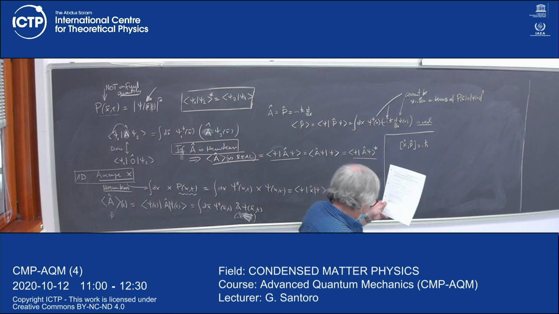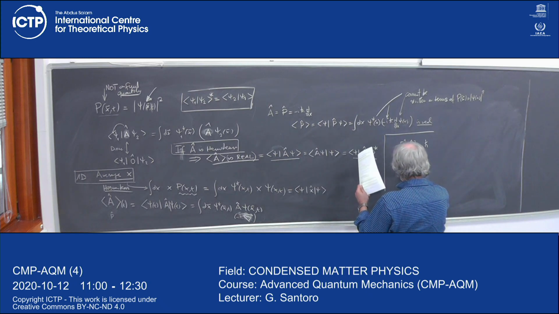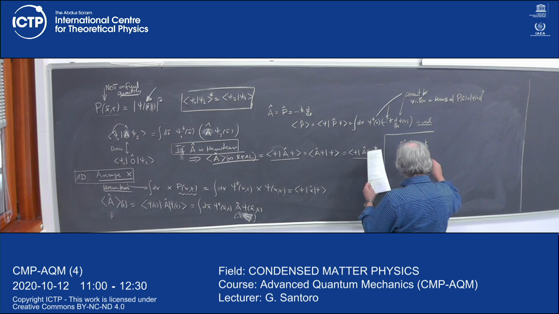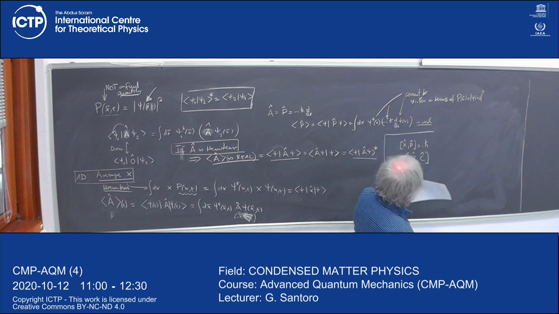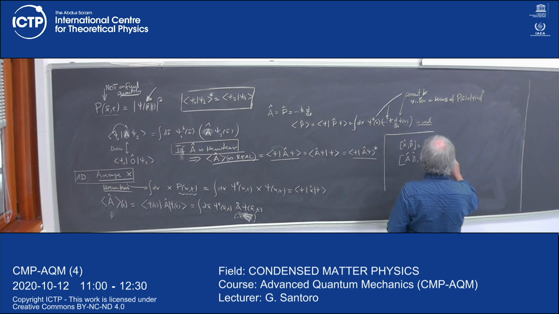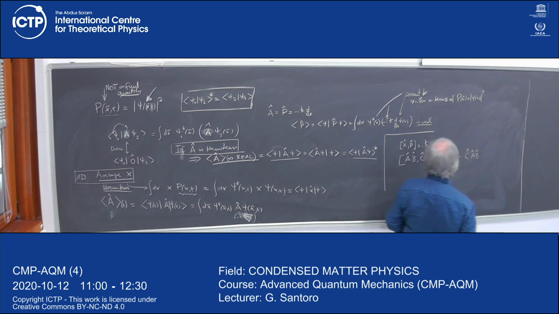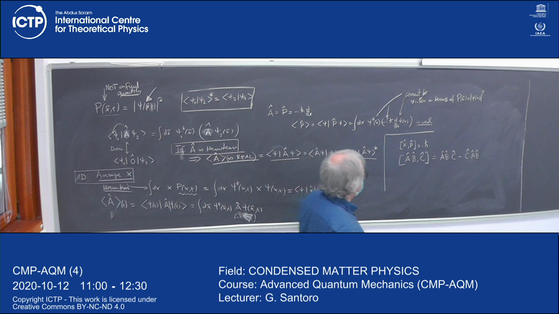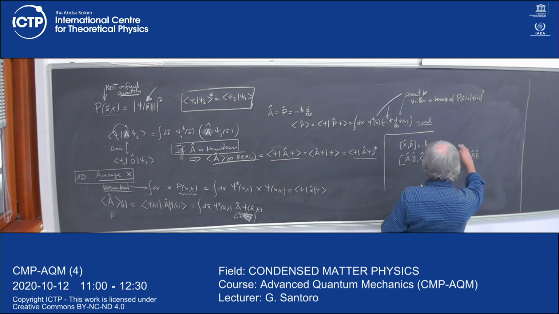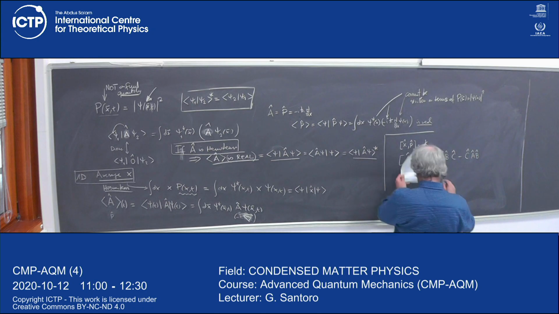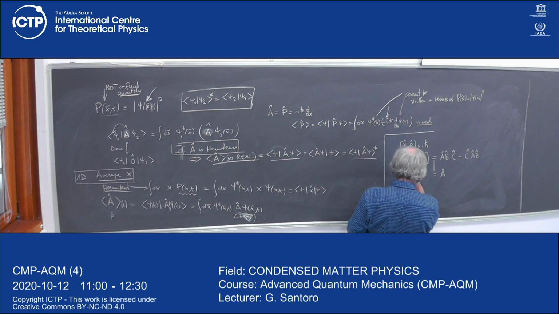Okay. For instance, you can prove that if I have A and B, and then I want to calculate the commutator with C, which I remind you means A B times C minus the opposite, C A B. Okay, that's the meaning. Then you can prove, it's a very simple thing, by adding and subtracting things, that this is equal to A. So you see I have two objects. I can distribute it. I can take A out.